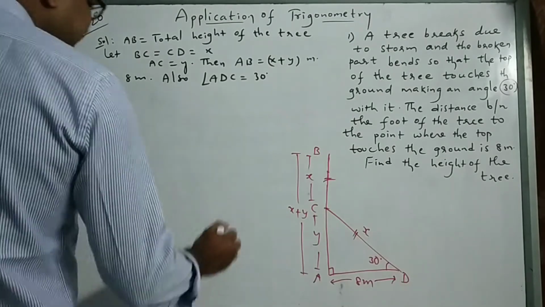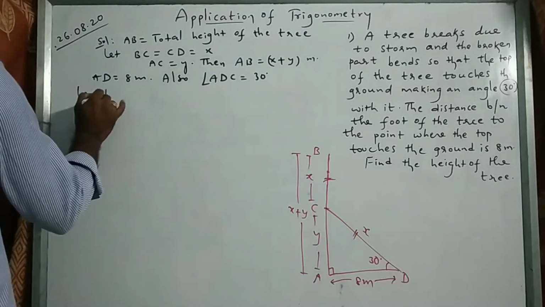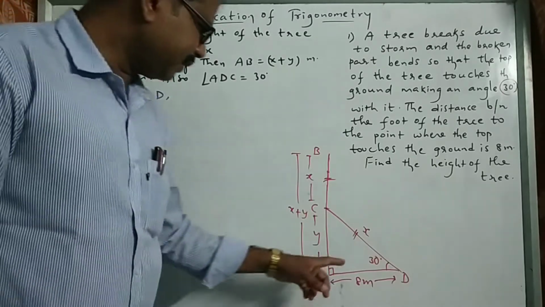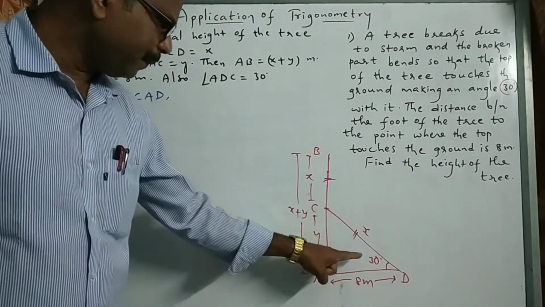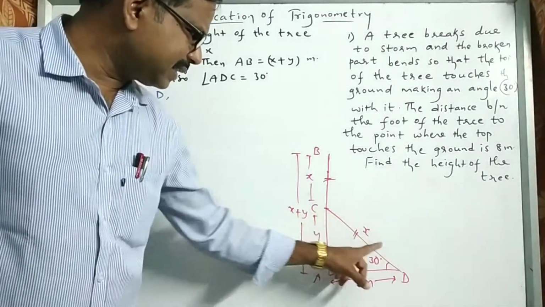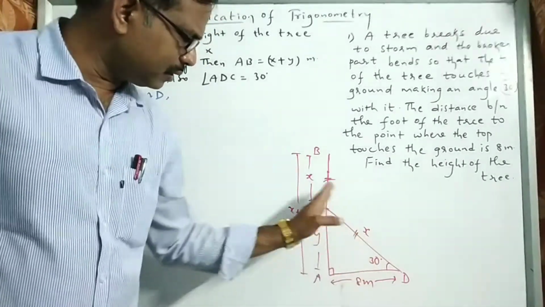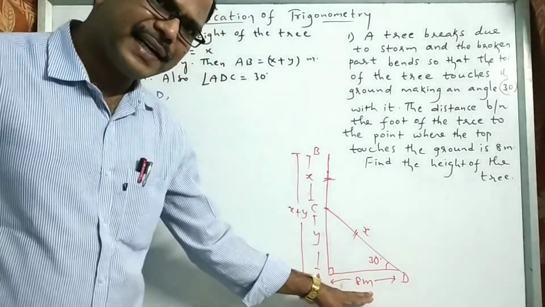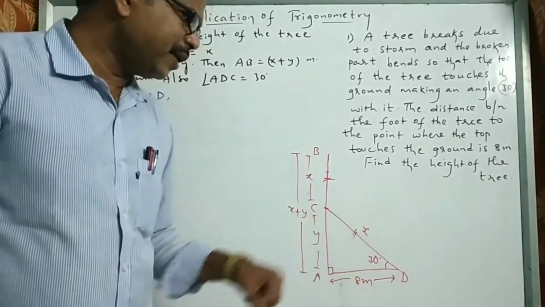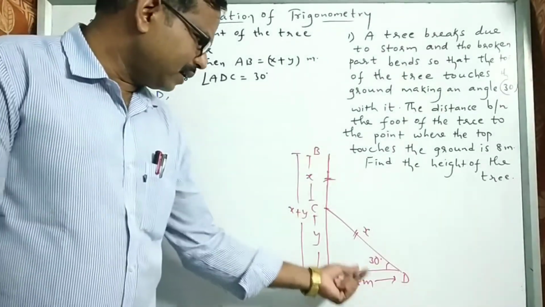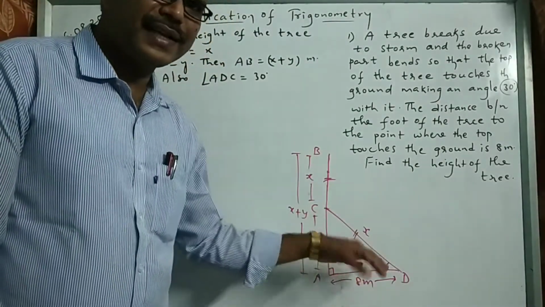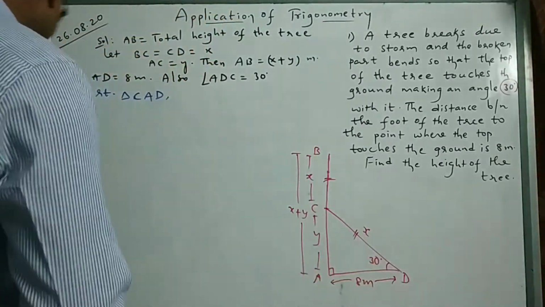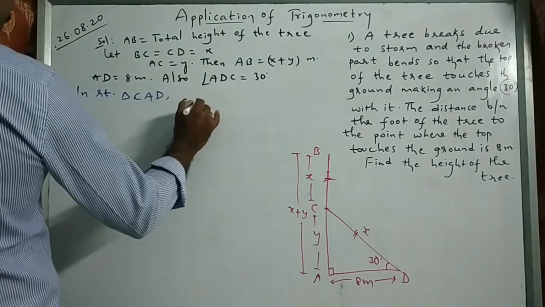Now in right triangle CAD, to find the value of x, for 30 what do you call this side? For 30 this is the hypotenuse, never changes, so the hypotenuse is x, and for 30 this is called the adjacent side. Adjacent by hypotenuse, can we take cos? Adjacent and hypotenuse relation is either cos or secant, any one can be taken. So I am taking cos 30 degrees.